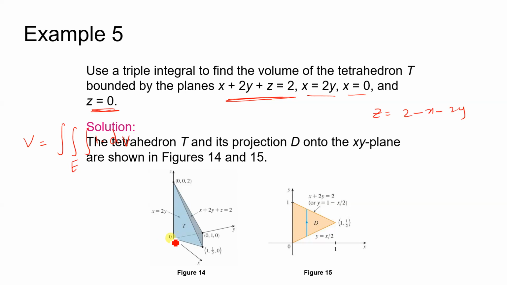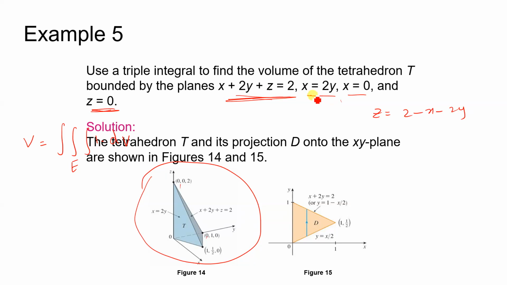You can see this is the solid under this plane and above this region. In order to find this region, we have to find the projection of this solid onto the xy plane.